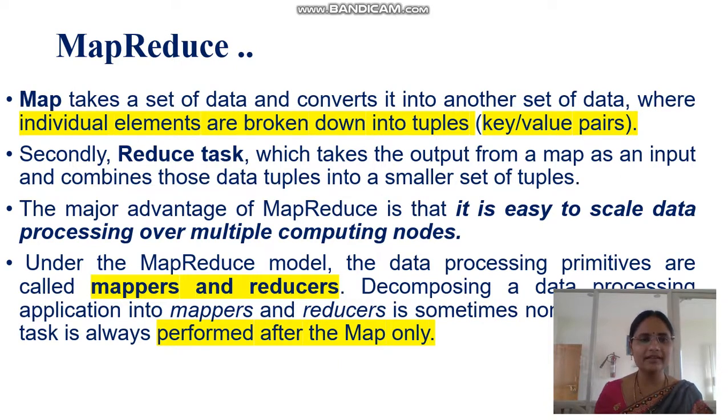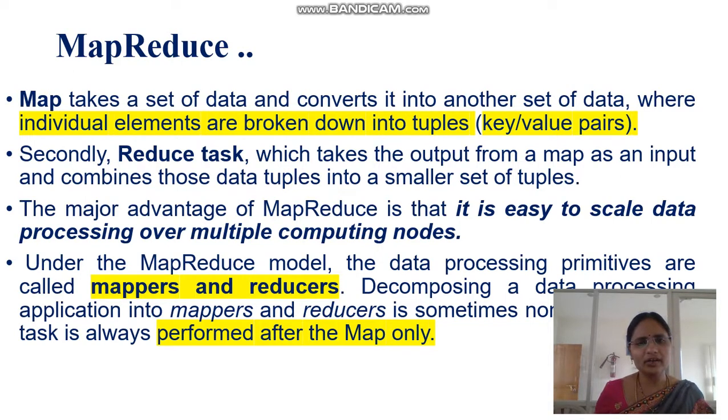Secondly, the reducer does the reduce task. The reducer takes the output from the map function. Whatever is generated as output of the map function will be input for the reduce task. And finally, it segregates all the data tuples into a smaller set of tuples.